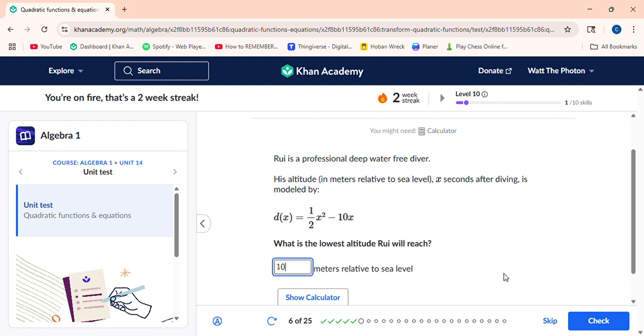I guess 10. That's the critical point. It doesn't make much sense though for him to just hover.